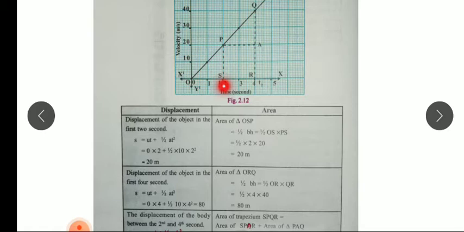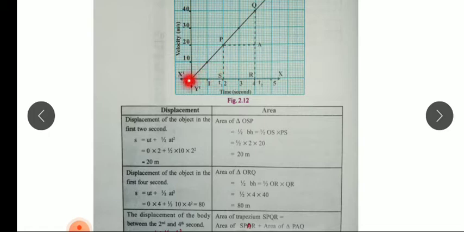So from 2 seconds, draw a perpendicular line to this graph, and it meets at the point P, so that we will get a triangle. So the area of triangle OSP. So we know that the area under the velocity-time graph gives displacement.